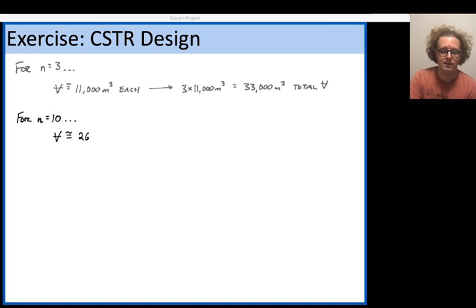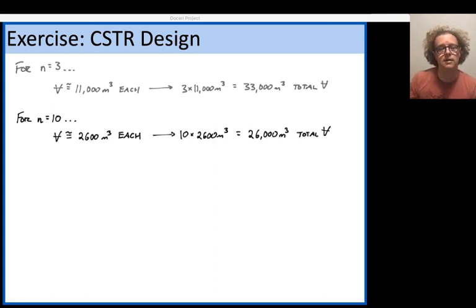And we can work through the exact same calculation for 10 in series. If you have 10 CSTRs in series and they're all going to be identical, each one is about 2,600 cubic meters, and you get 26,000 cubic meters total. And you'll remember for our single CSTR, we were at about 71,000, and for a plug flow reactor, about 24,000.